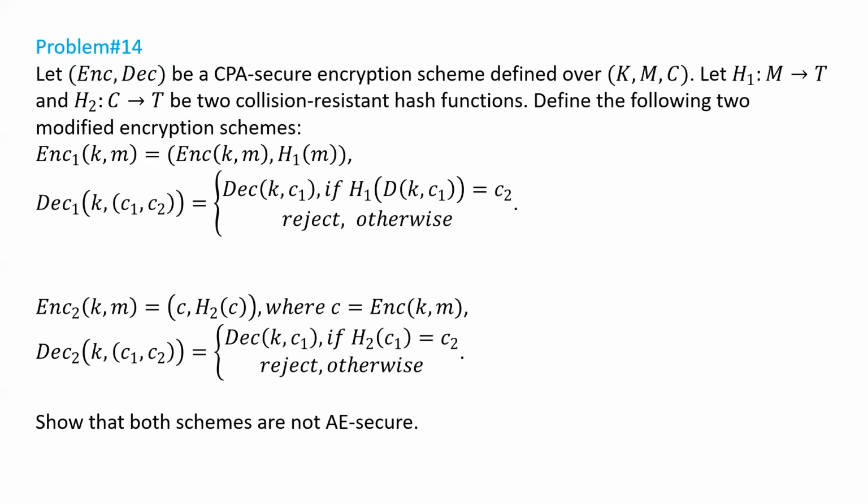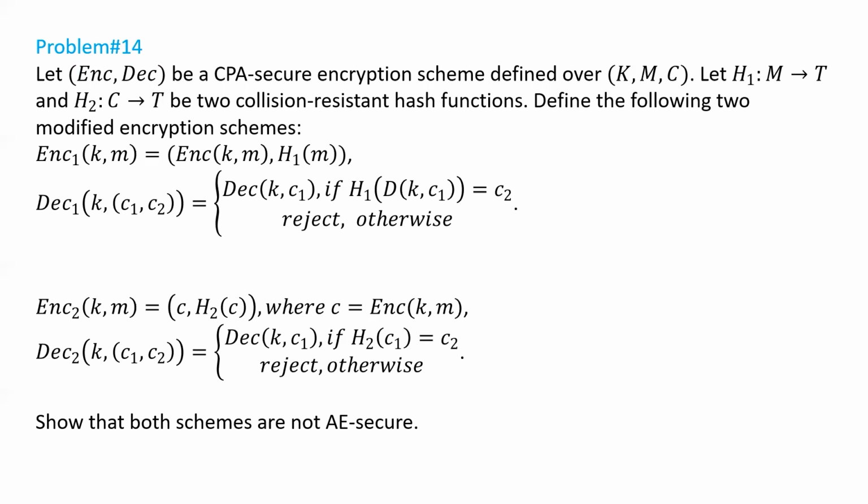So let ENC and DEC be a CPA secure encryption scheme defined over key space K, message space M, ciphertext space C. Let H1 from M to T, where T is the tag space, and H2 from C to T be two collision resistant hash functions. Define the following two modified encryption schemes. So the first scheme is Enc1 with k comma m equal to Enc of k comma m, comma h1 of m.